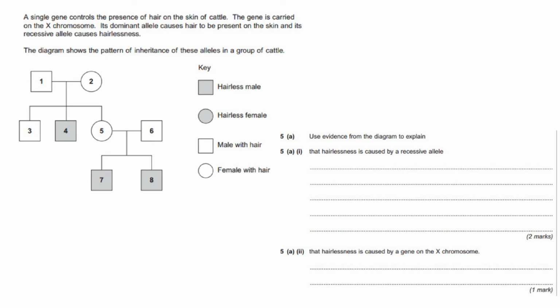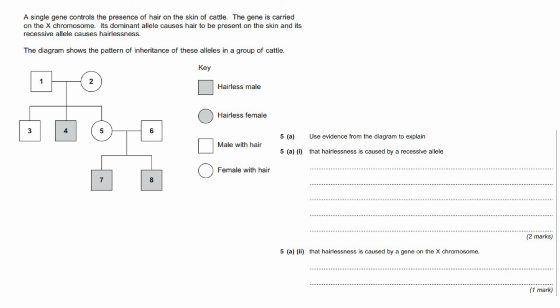But as the father still has hair, and because he only has one X chromosome, he doesn't carry the recessive hairlessness gene. Therefore, the mother, as she has hair, must be heterozygous, with one X gene for hair and one X gene with the recessive for no hair.